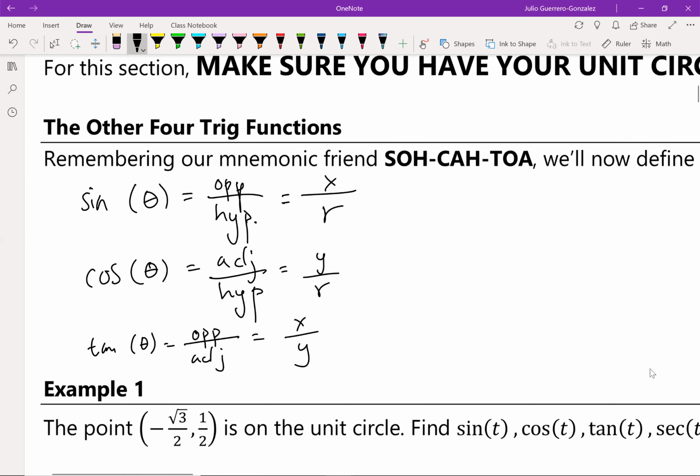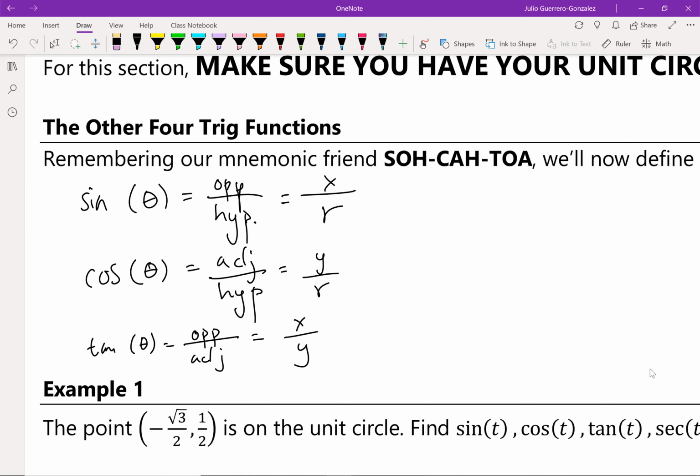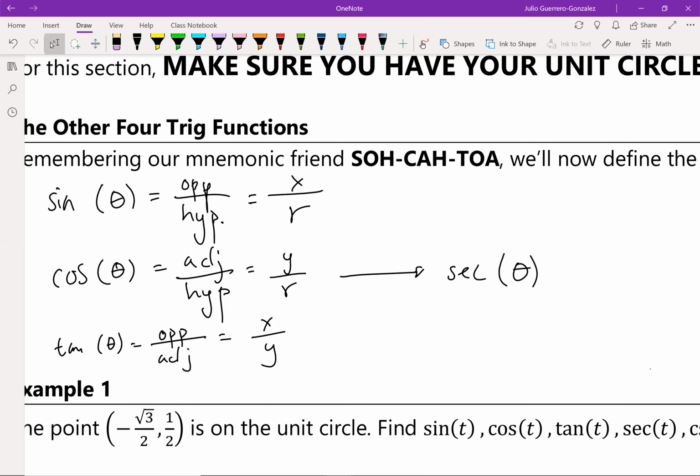Okay. So here come the last 3. It turns out, I'm going to start out with the one in the middle. So secant of an angle theta, this is what I mean by you'd think that they would be something, but they're not. So secant actually is sort of related to cosine.